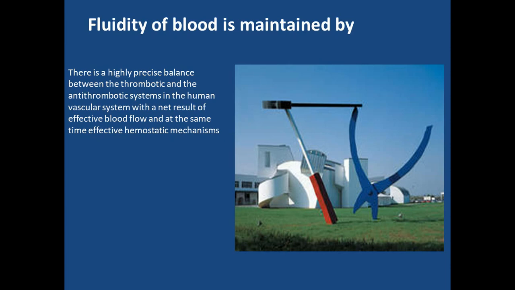However, once the blood vessel is injured, the blood should be able to form clots to seal this injury. So the blood contains both thrombotic and anti-thrombotic systems, and these two systems that are present in the blood are in critical balance.